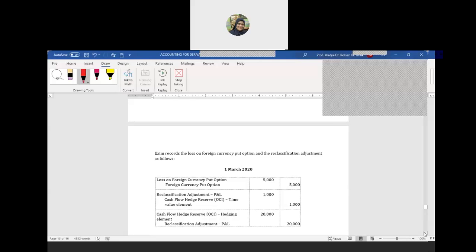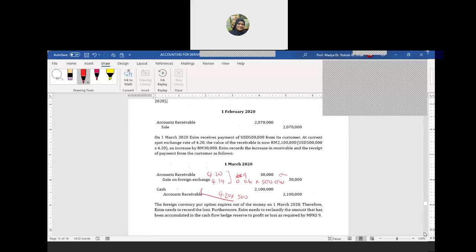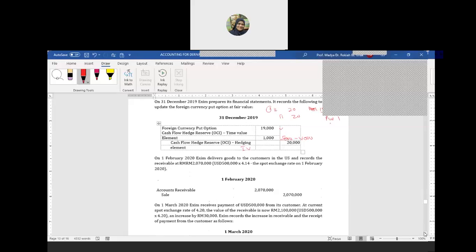The time value is not the hedging. You just use the intrinsic value for the hedging purpose. So this one is quite complicated, because not the whole part of the option's price is used for the hedging. You only hedge for the intrinsic value. So if you look here, the one that you have is 2,000 here, 20,000 here.